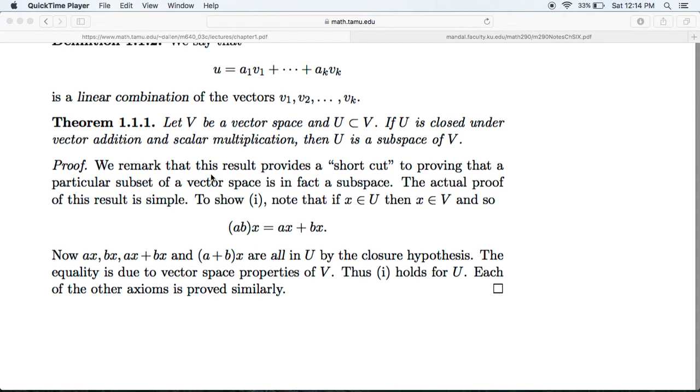Now we see a theorem: if V is a vector space and U is a subset of V, and if U is closed under vector addition and scalar multiplication, then U is a subspace of V. This is somewhat tautological, as it follows from the definition of subspace.